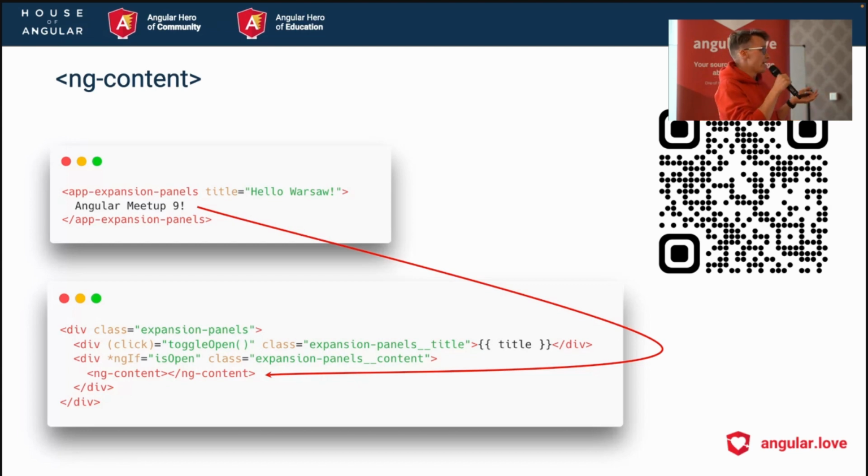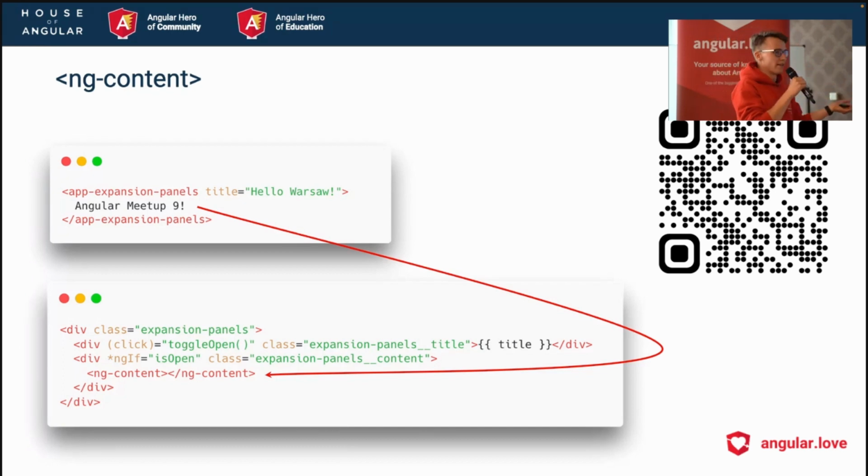But we still have one input, one prop, the title with Hello Warsaw. How can we add more than one data slot, more than one ng-content?